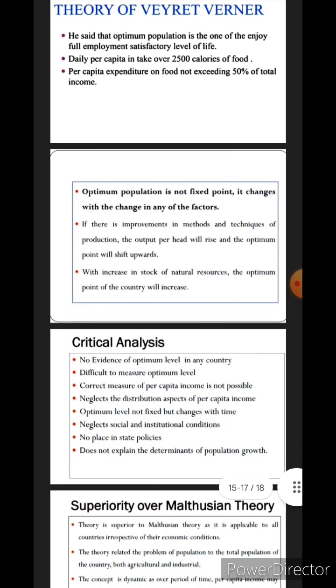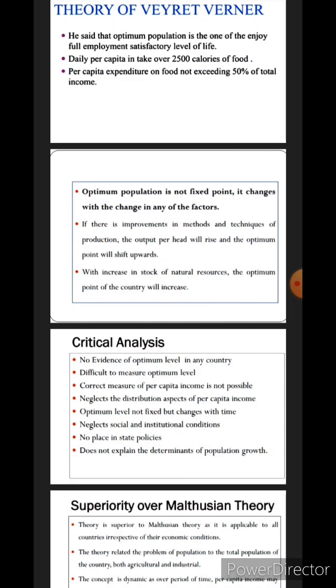If there is improvement in methods and techniques of production, the output per head will rise and the optimum point will shift upward, and with an increase in the stock of natural resources, the optimum point of the country will increase. It is not a fixed point, it is changeable. The optimum population point is always changeable.